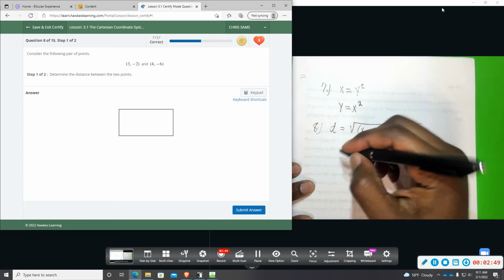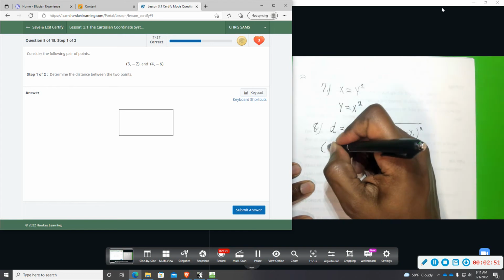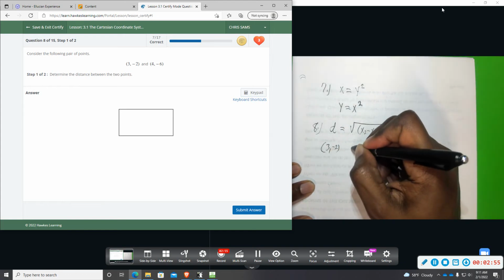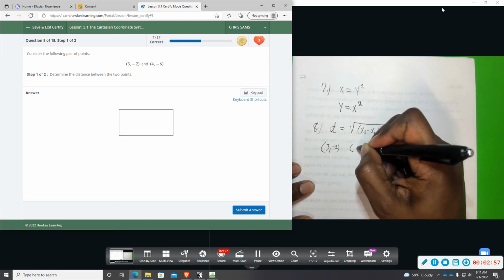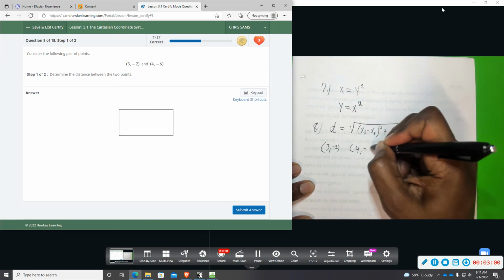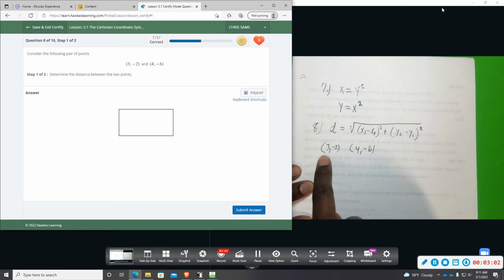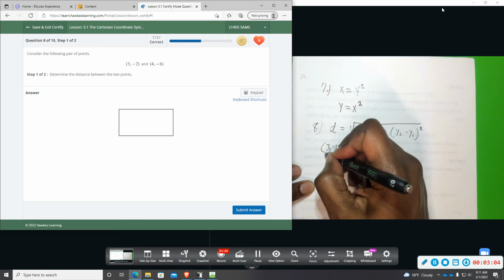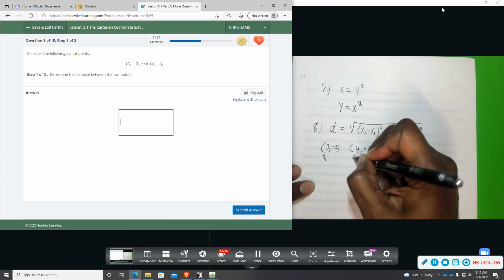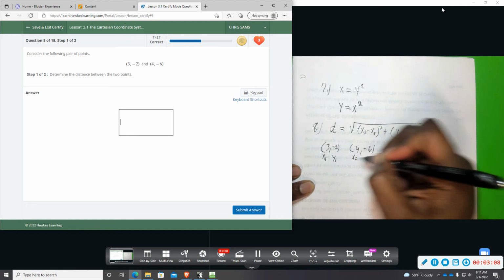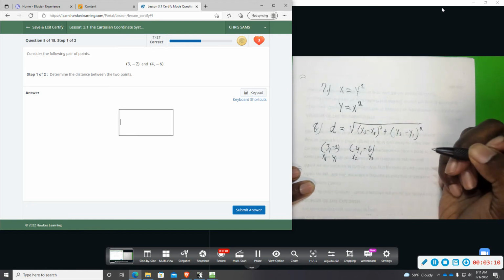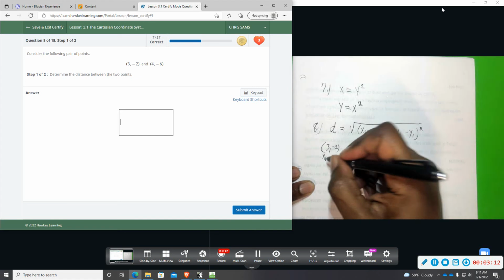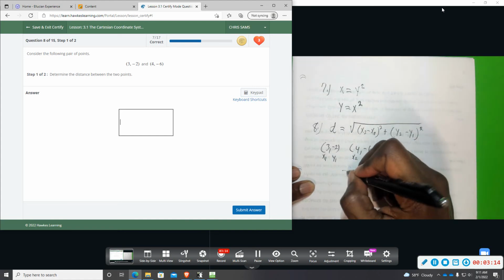So you have two ordered pairs, 3, negative 2, and 4, negative 6. I would label them. This is your first point, this is your second one. So x1, x2, y1, y2. And we're going to plug those into this formula.